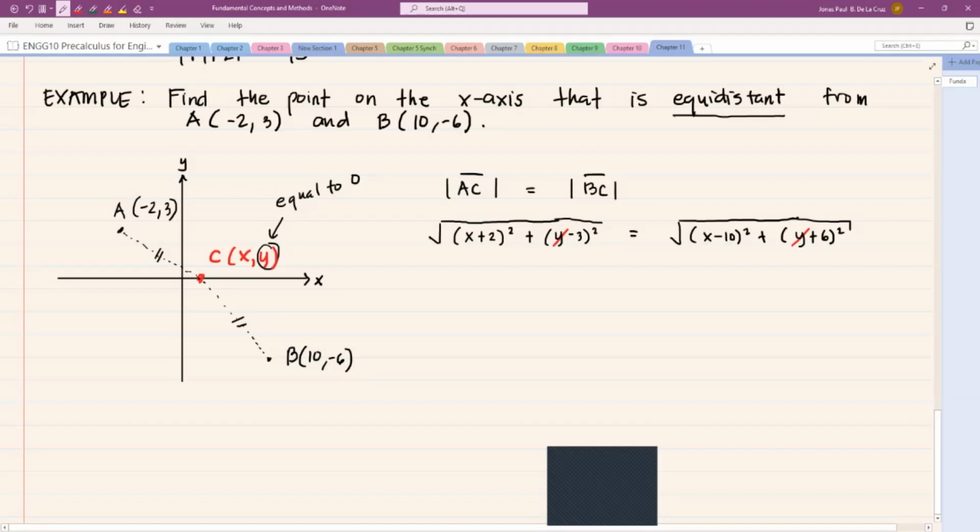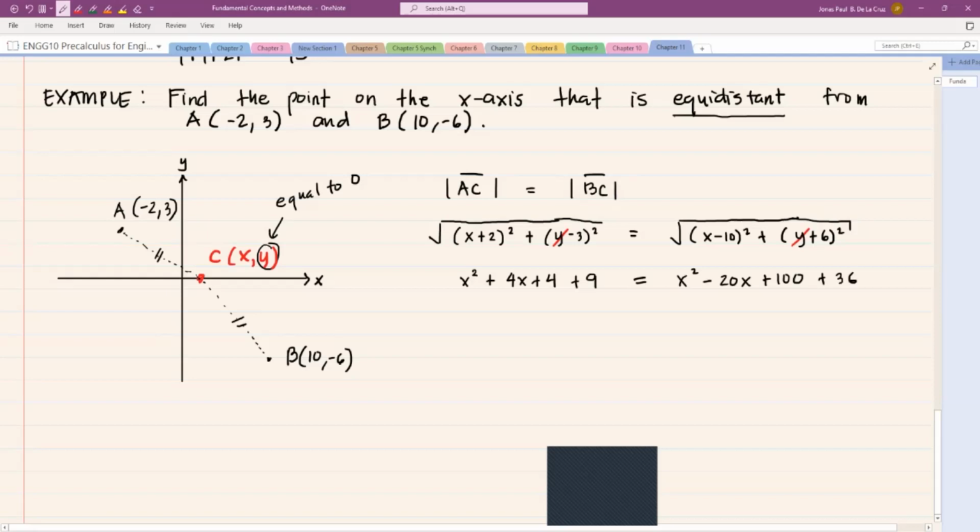So, this is x squared plus 4x plus 4. That's negative 3 squared. So, plus 9 is equal to x squared minus 20x plus 100 plus 36.